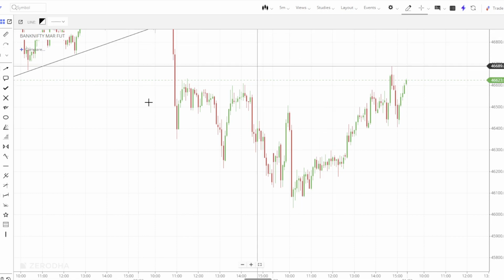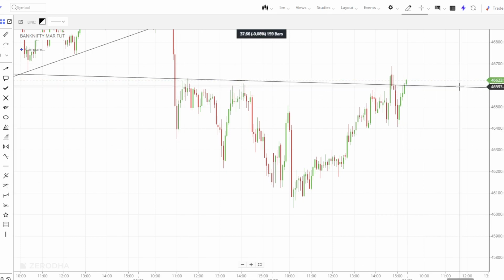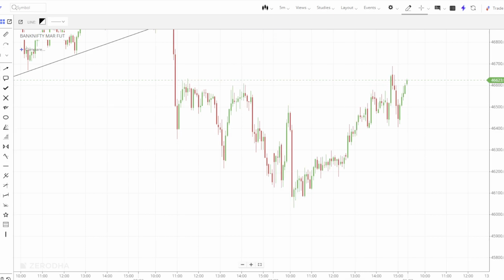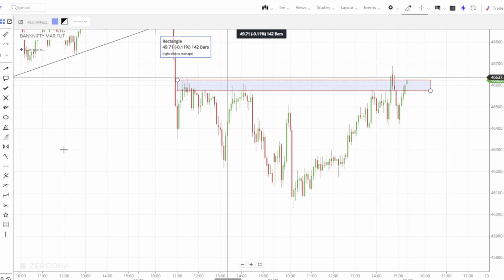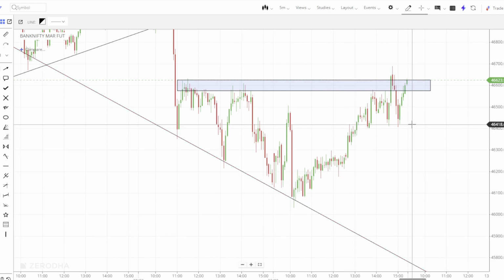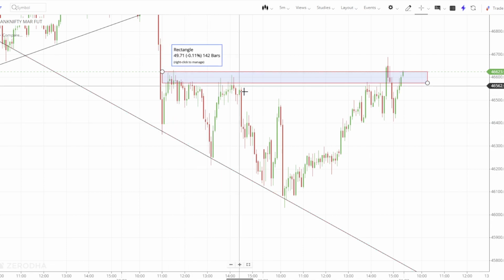Yesterday in the previous video, what we have discussed is, we have a trend line here, price is taking support from this trend line.